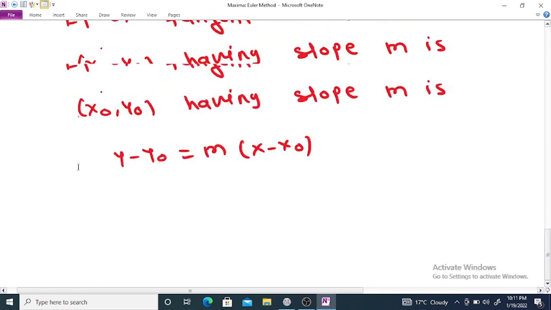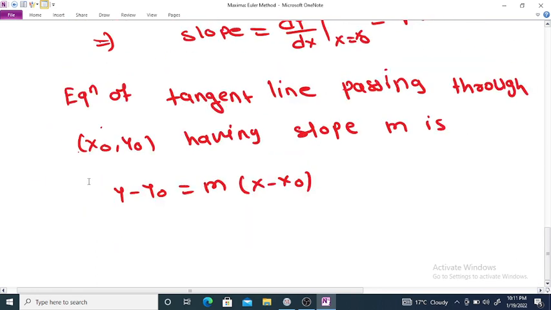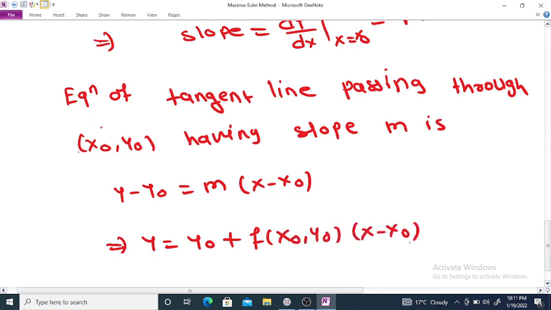Here m is equal to f of x0, y0, so we write this as y is equal to y0 plus f of x0, y0 times (x minus x0).